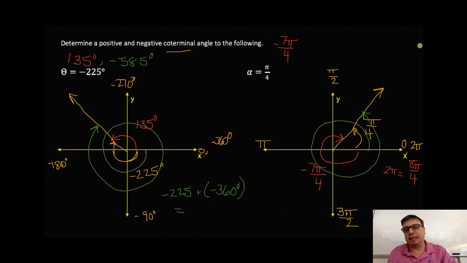I could have gone around 6 times, but that's just overkill. There's no reason for that. So now if I'm looking for a positive, I've gone all the way around once. So that's 2 pi plus another pi over 4. So that means we've gone 8 pi over 4, because that's the same as 2 pi, and another pi over 4. If I add those together, I'm going to end up at 9 pi divided by 4.